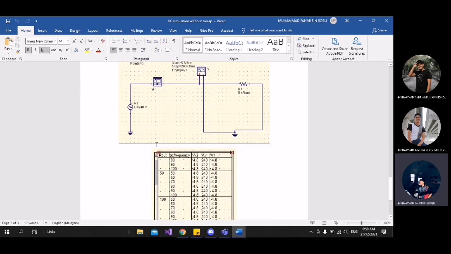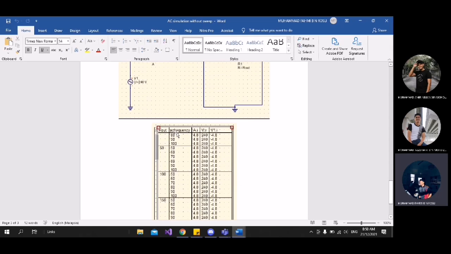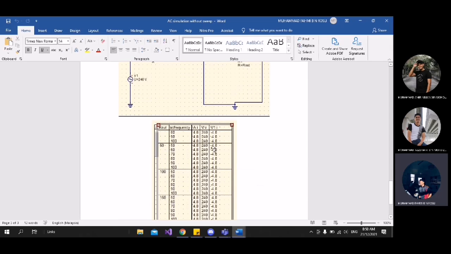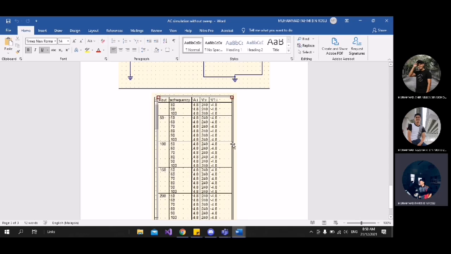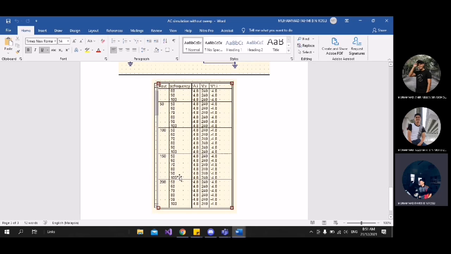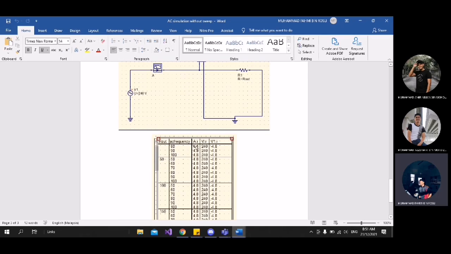In the tabular table we have R out 50, 100, 150 and 200. It is a similar result to AC without sweep.